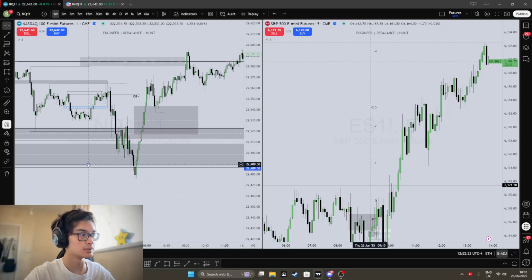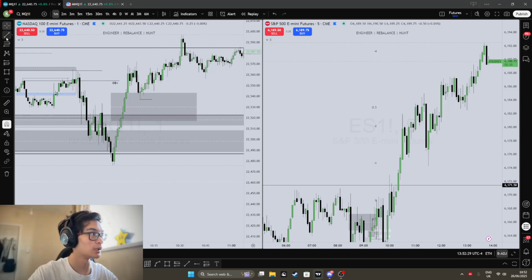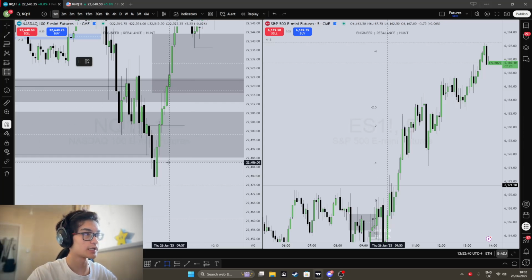It was taken here, and this was a forward test because I do need to wait for order flow, because that is my model. But there is one thing that I don't really like about this trade, is that we have this inversion right here.